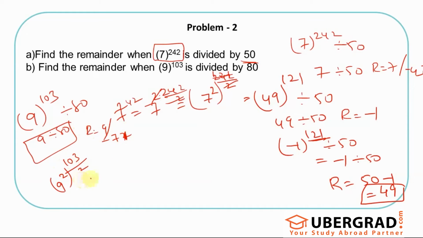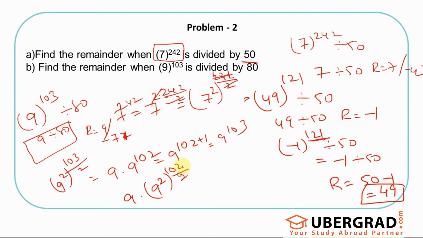What can I do? Rather, I'll just split this as 9 into 9 power 102. It's fundamentally the same as 9 power 1 plus 102, so 9 power 103. Now I have an even power, so I can actually divide by 2. So this will become 9 into 81 power 51 divided by 80.